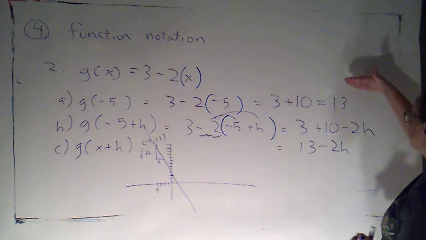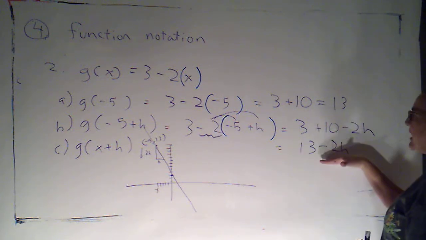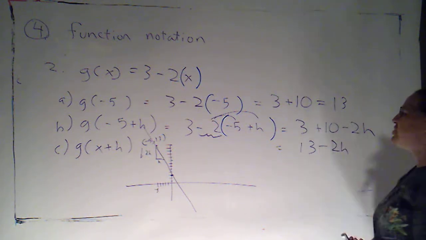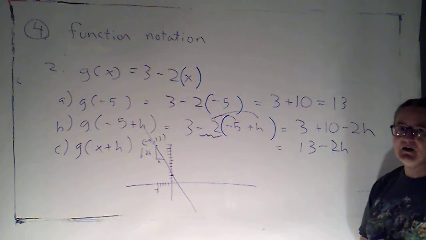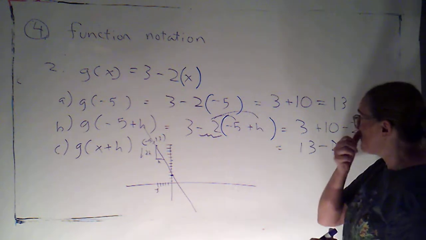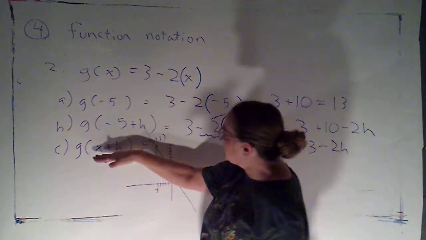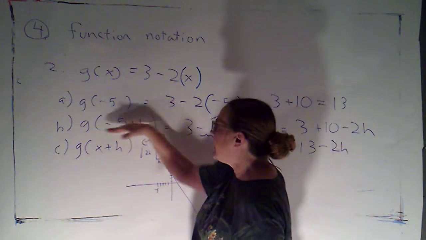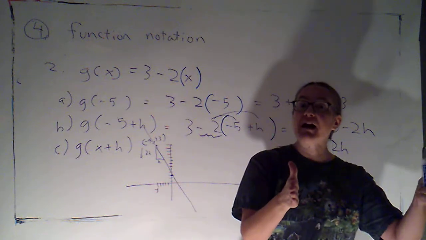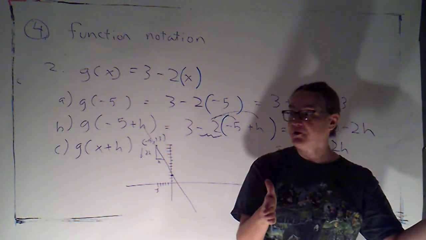The output at -5 is 13. The output, if I add h to my input, is going to be 2h less than what I had at -5. Okay, so basically when we've got inputs that look like this, a number plus a variable, it's saying what happens if we just go a little ways away from this point that we've already evaluated.